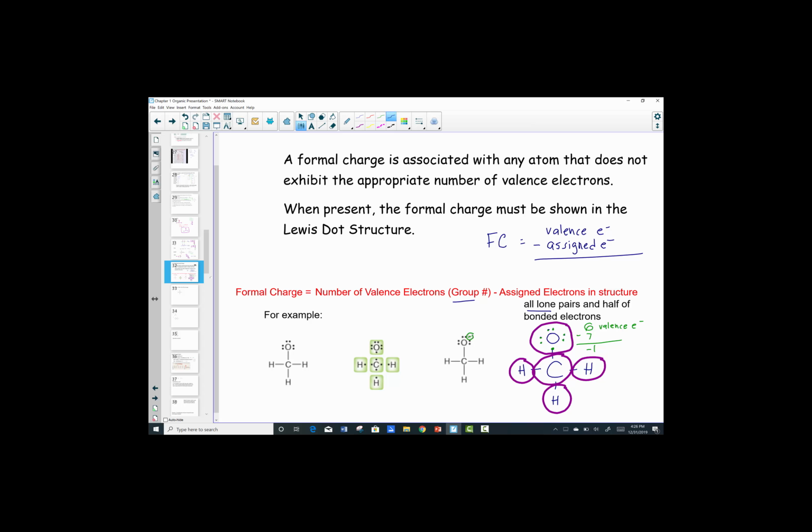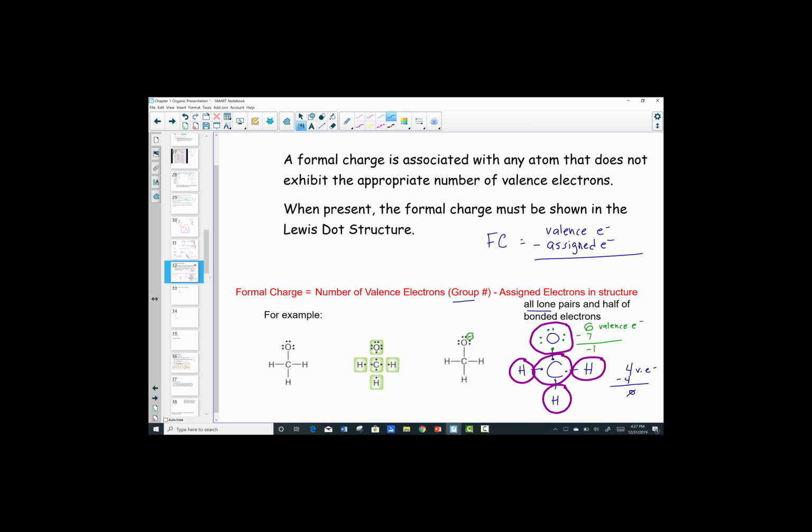Take a look at the carbon in the center. Carbon lives in group 4A, so it has 4 valence electrons. There are 1, 2, 3, 4 assigned electrons. Remember, each gets half of a bonded pair, meaning it has a 0 formal charge.